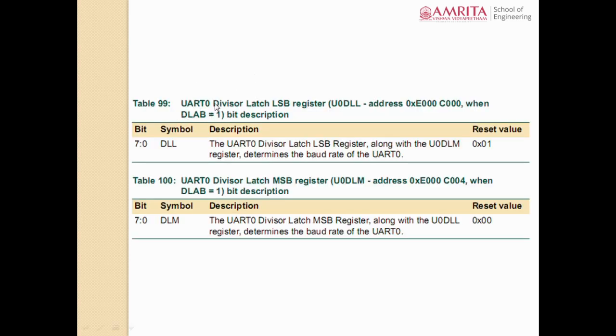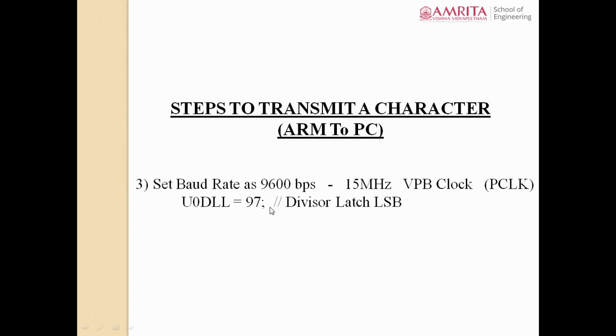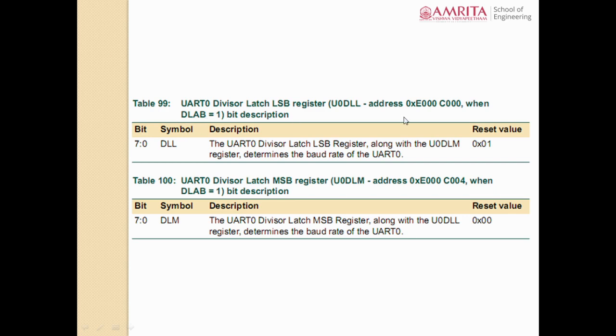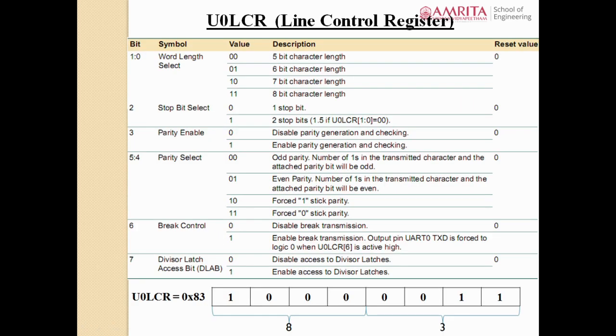If this DLAB bit is 1, then only you can write into these two registers. So before writing a value into DLL or DLM, you need to make the DLAB bit 1. That is why it is given. When the DLAB bit is 1, you can write to these. That is done in the previous step. That is the use of the divisor latch access bit, DLAB.